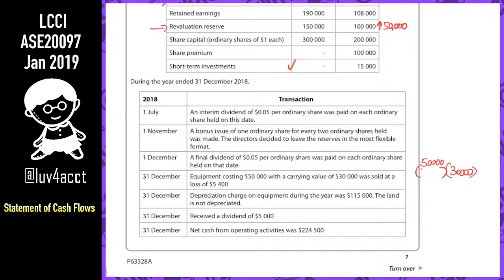It means the accumulated depreciation will be 20, and then it is sold at a loss of 5,400. That means you receive this amount. Let me calculate. 30,000 minus 5,400, 24,600. Yes.